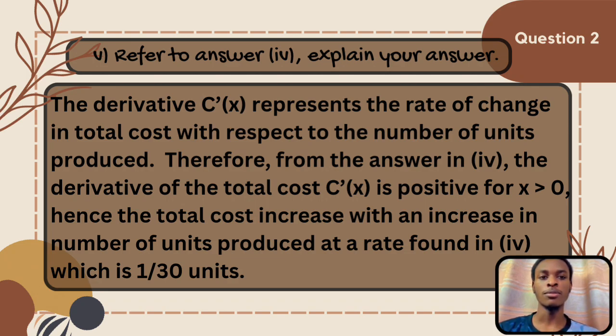Since the derivative is positive for x greater than 0, it means that the total cost increases as the number of units produced increases. The rate of increase in total cost per unit produced, as found in the previous slide, is 1 over 30 units. In summary, the total cost will continue to rise with an increase in production, and the rate of this increase is given by 5 plus x by 30.